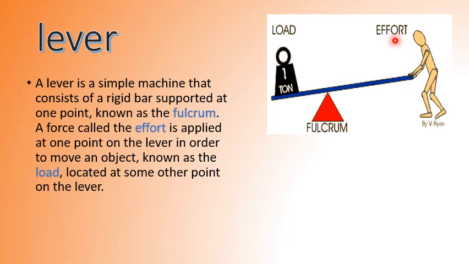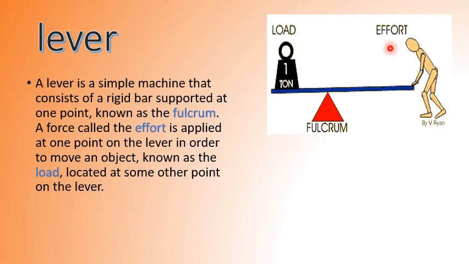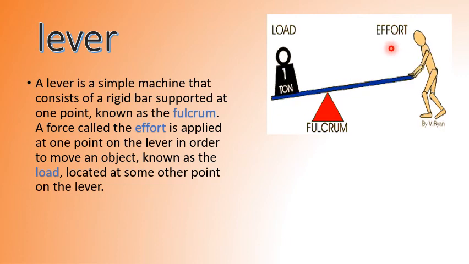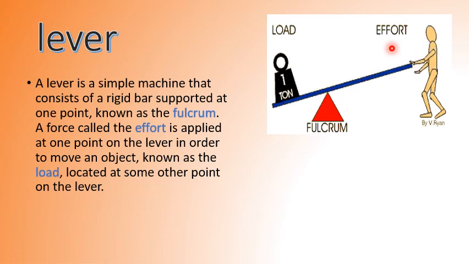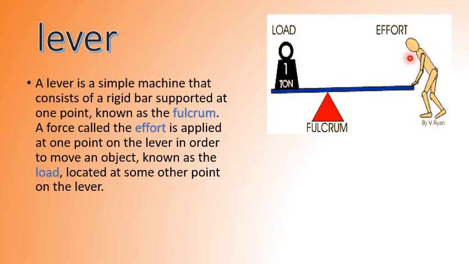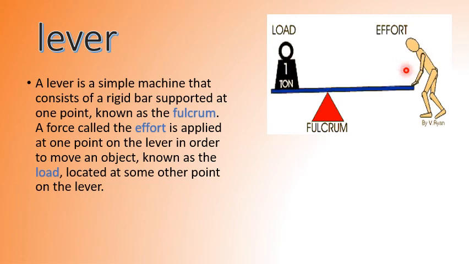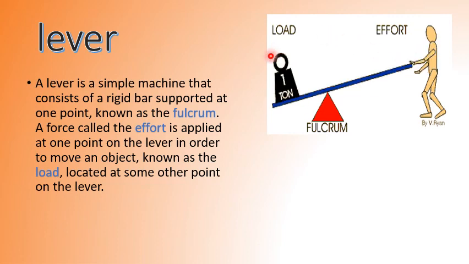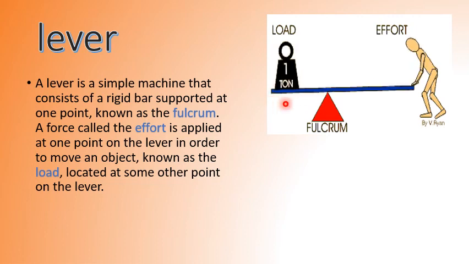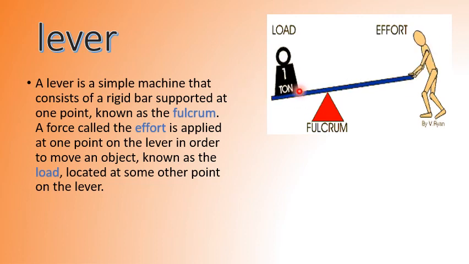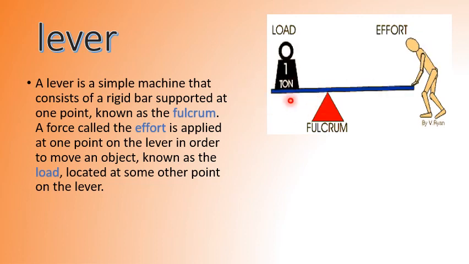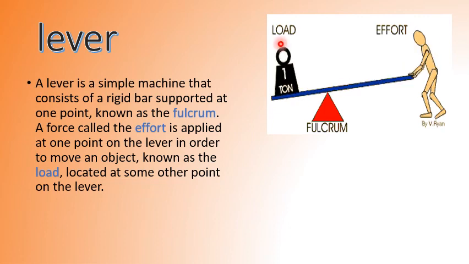If we want to move something, what do we apply? We apply effort. So what is effort? Effort is a kind of force. So the person is applying effort. This is one end of the simple machine. Now you can see the point where the weight or the object is lying is the load.